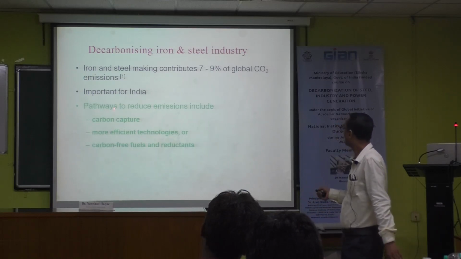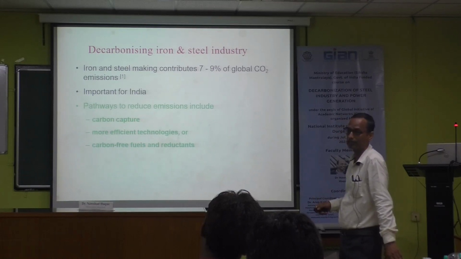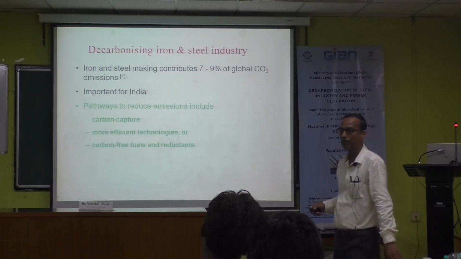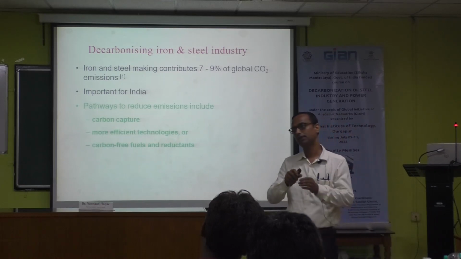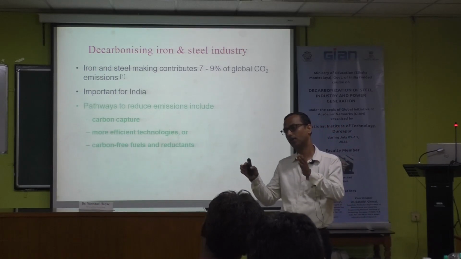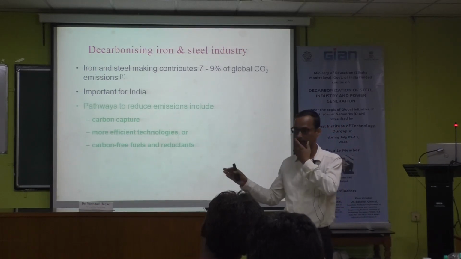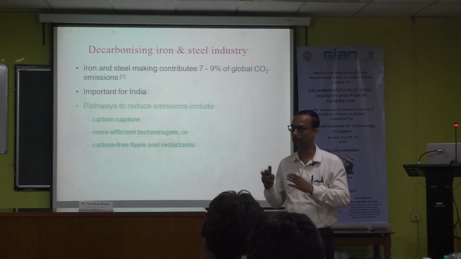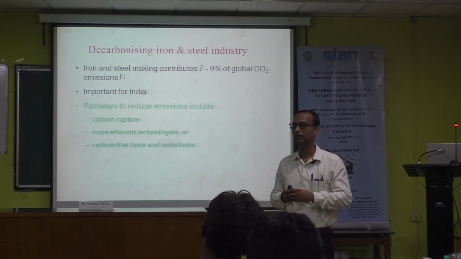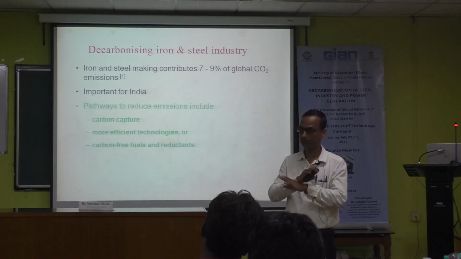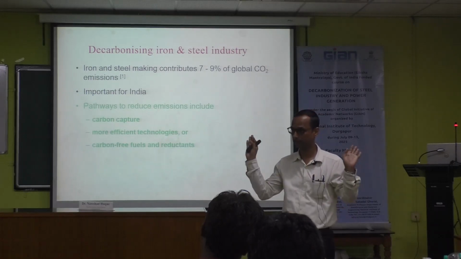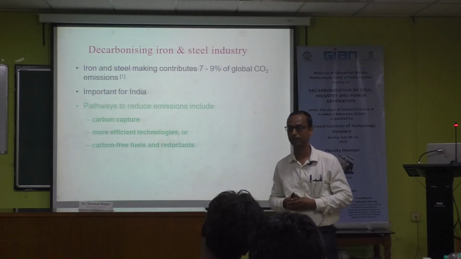So India's pathway number one is carbon capture, because the existing system we cannot scrap. When we gradually shift from the conventional to the renewable or the green one, it will hamper the production. By tomorrow, if we take out all blast furnaces, it is not possible.